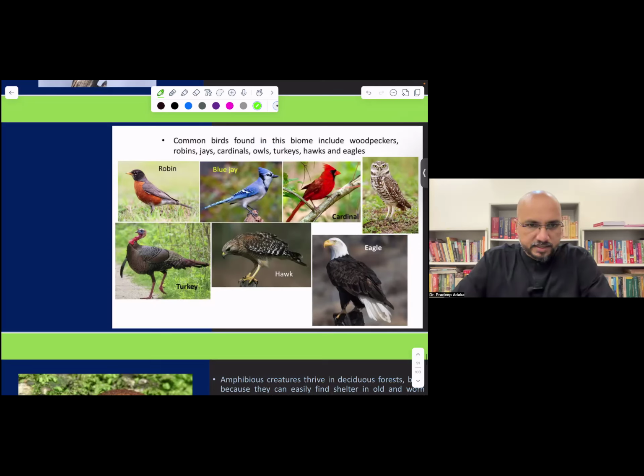Other birds that are found are woodpeckers, robins, jays, blue jay you can see here, cardinals, owls, turkeys, hawks, eagles. These are some of the birds that you see in the temperate deciduous forest.